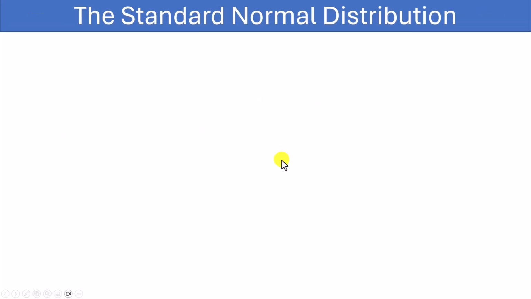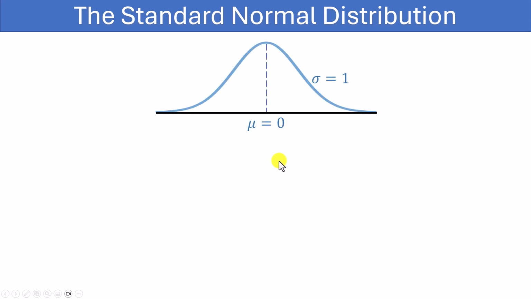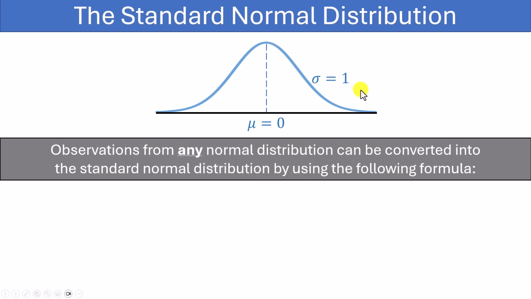Let's talk a little bit more about the standard normal distribution. As we mentioned, the standard normal distribution relates to Z-scores. It is a normal distribution that has a mean of 0 and a standard deviation of 1. Observations from any normal distribution can be converted into the standard normal distribution by using the following formula.